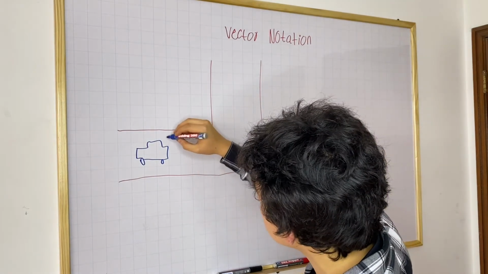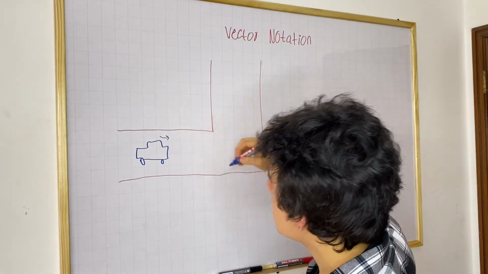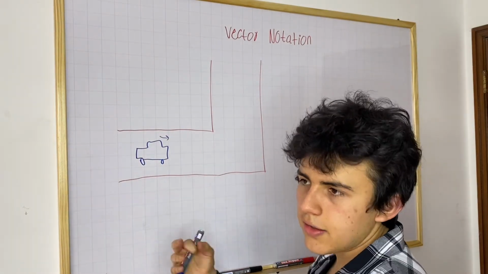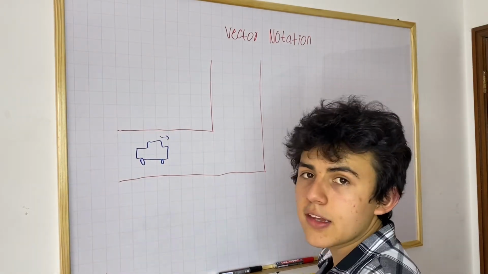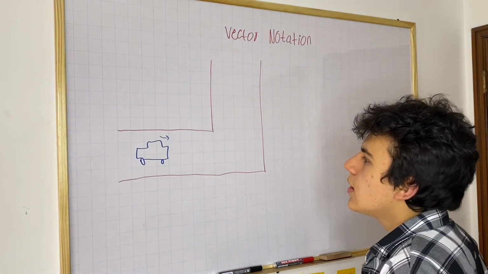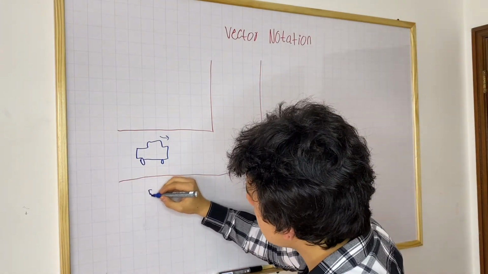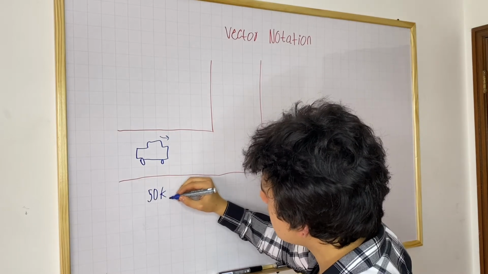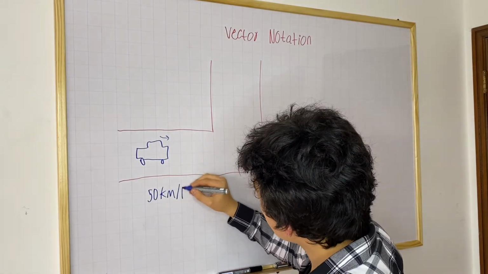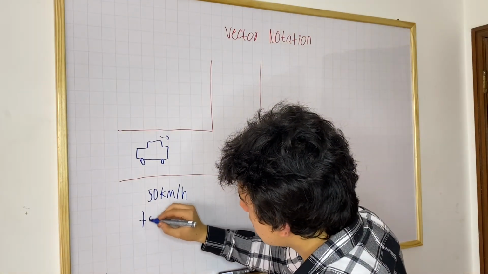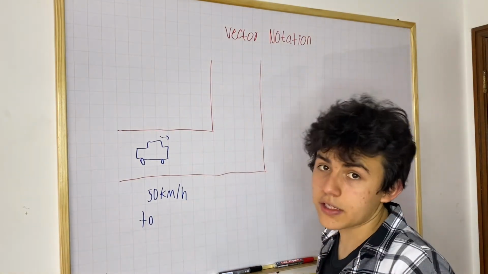Remember, you have north, east to the right side, west to the left side, and south at the bottom. Let's say it is traveling at 50 kilometers per hour to the east, because velocity is a vector, remember.